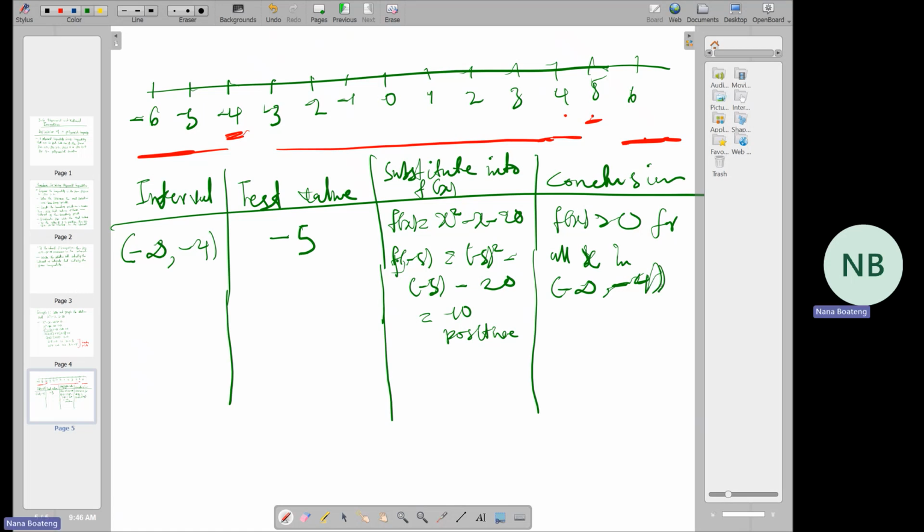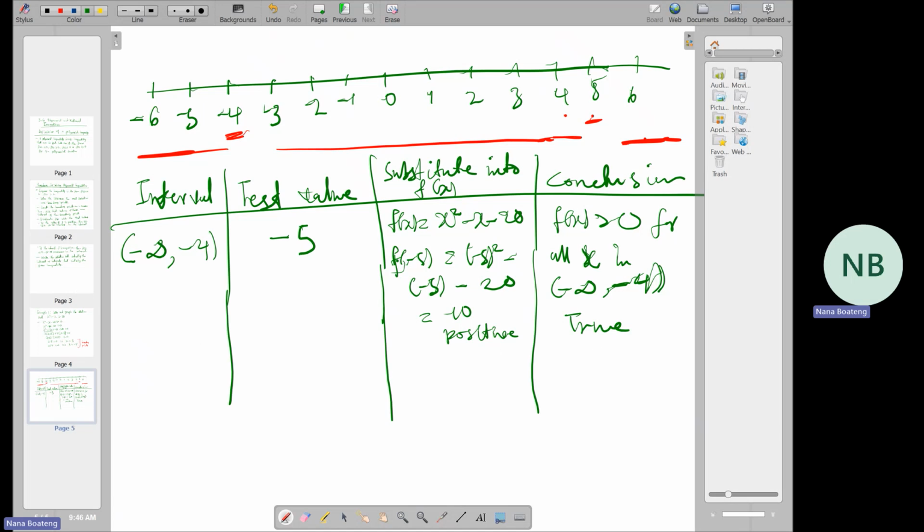F of x is positive in the interval minus infinity to -4. And our original inequality, which we rewrote, was greater than 0. So that means our original inequality is true in this domain.